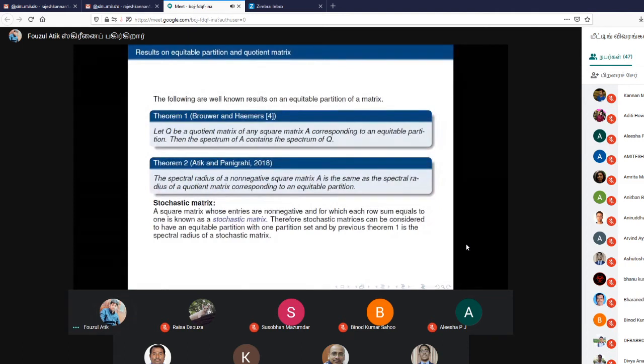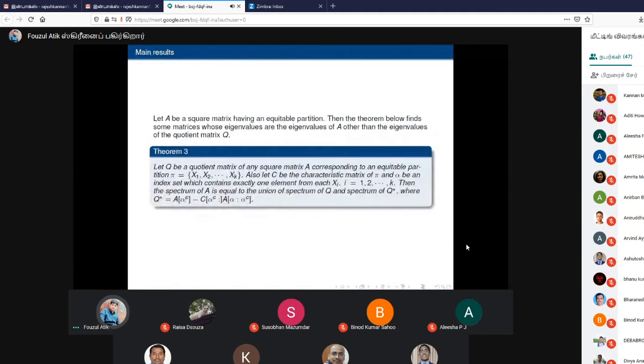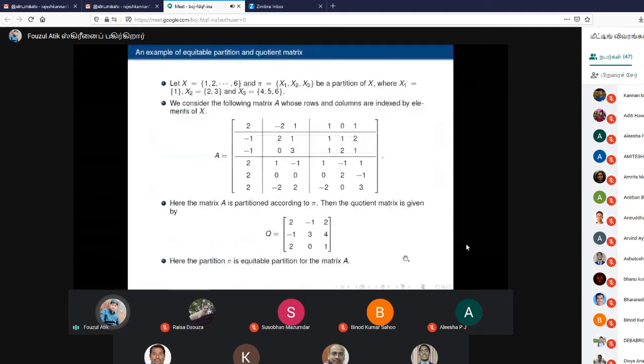Okay, next. Till now, I said that the eigenvalues of the matrix Q are also eigenvalues of the matrix A. Q is a 3 by 3 matrix in this example, but A is a 6 by 6 matrix. What about the other eigenvalues? I said 3 eigenvalues of the matrix Q are also eigenvalues of A. But what about the other three eigenvalues of the matrix A?